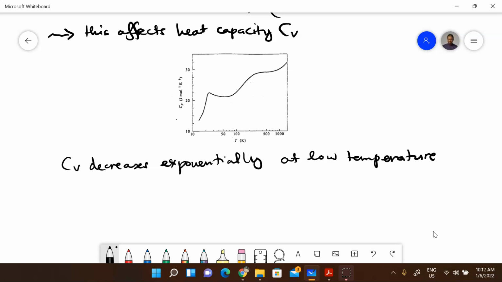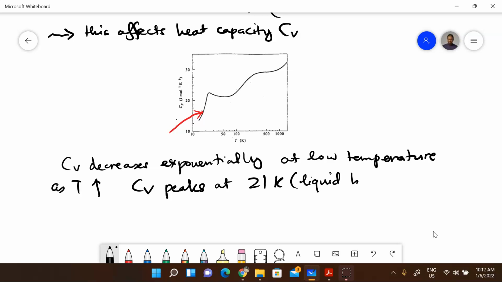That corresponds to this part. But then as T increases, CV peaks. There's a value here at 21K. This is where liquid hydrogen boils to molecular hydrogen gas.